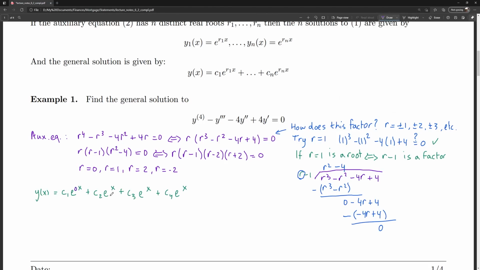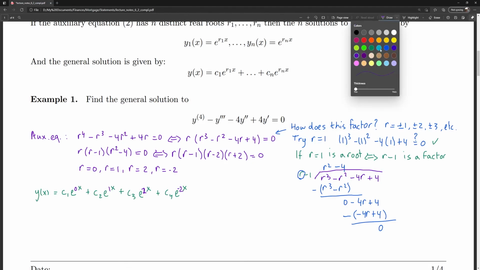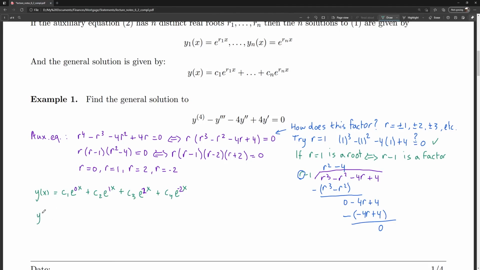So we have 0 here, 1 here, 2 here, and then negative 2 here. And of course, we can clean that up a little bit because e to the power 0x is always 1.